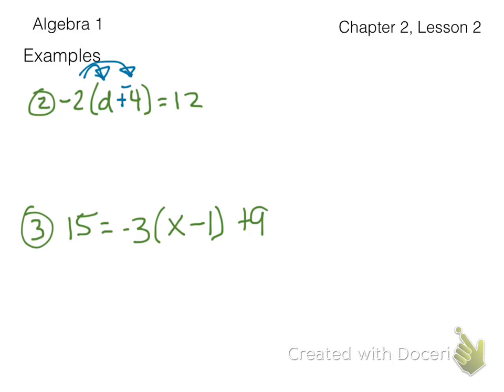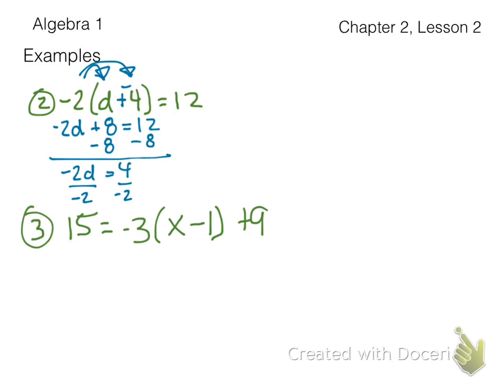Negative 2 times d is negative 2d, plus negative 2 times negative 4 is positive 8, equals 12. I need to subtract 8 on both sides, because the opposite of add 8 is subtract 8. Negative 2d is equal to 4. Divide by negative 2 on both sides, d equals negative 2. And again, you can always throw it back into the equation to double check. But you can take my word for it, it's right.